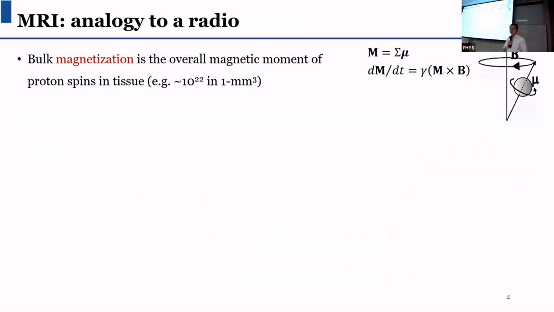Talking about MRI basics, I think a lot of the audience are from the physics department, if I'm right, so you should be familiar with proton spins. In our body, we have a lot of water. Each water has 2 protons, and the protons rotate, which is precession, in the electromagnetic field. We have this precession equation here to describe its movement.